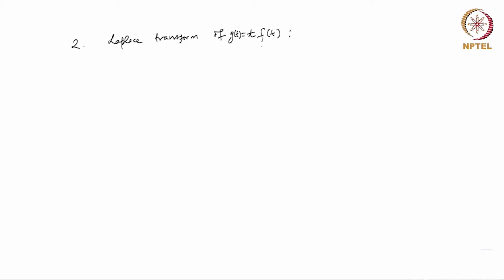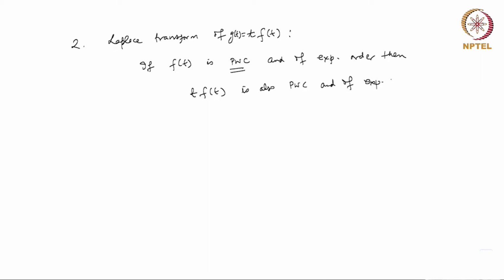Note that if f(t) is chosen to be piecewise continuous, I'll just write PWC for short, and of exponential order, then t f(t) is also piecewise continuous and of exponential order.